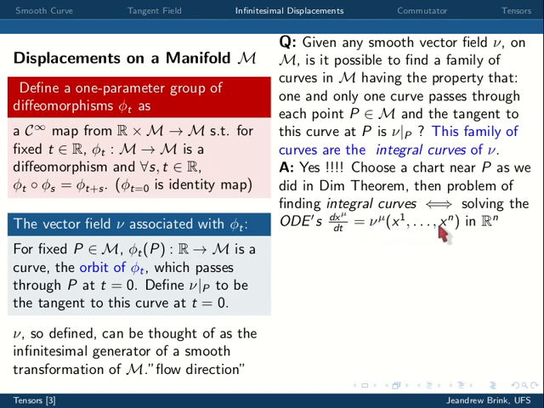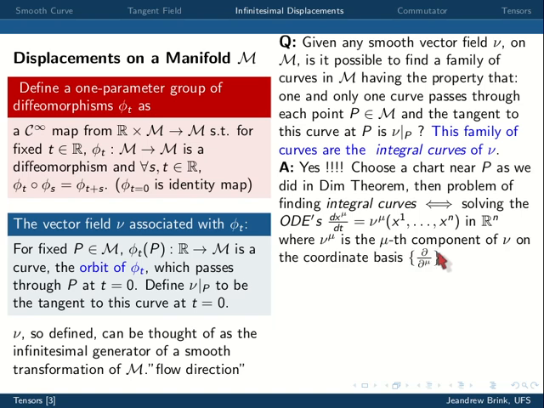So what we have is that V mu is the mu-th component of V, on this coordinate basis d/dx mu. Remember the vector field has this coordinate basis that helps it ask the question of how the function is changing.